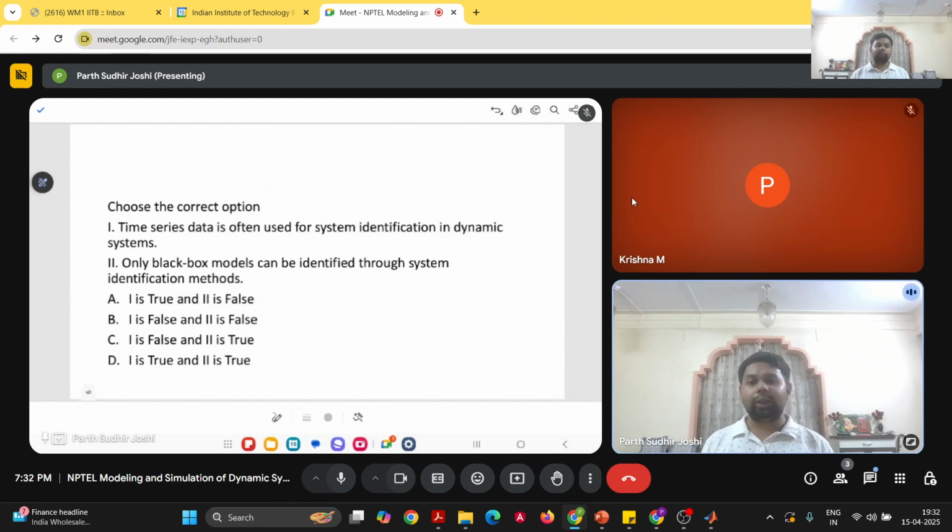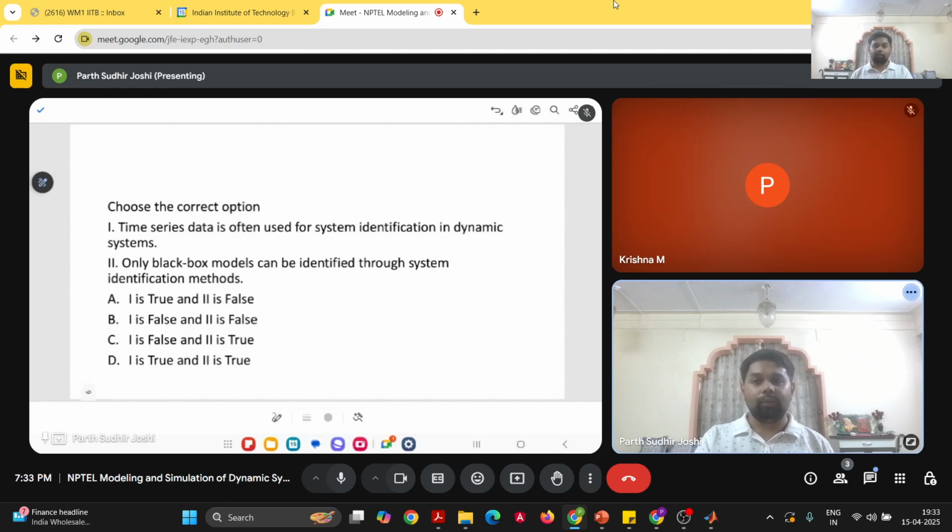So this statement is not correct, because the system identification methods can be used for either kind of models. So it may be black box model or white box or gray box model.